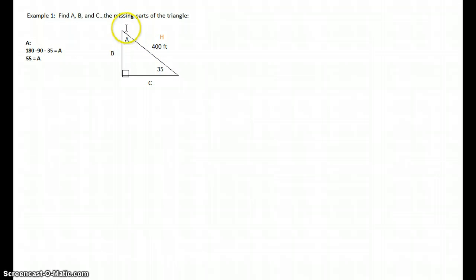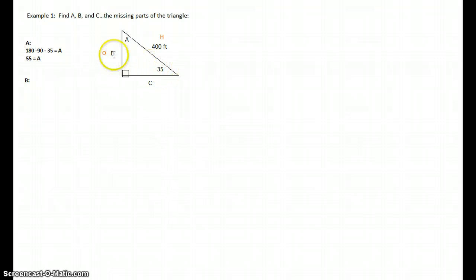So it's that simple to find A. But now that I know A, that's going to help me with some of these other things. For instance, to find side B, I can use either A or 35 to help me find B. Now, I'm going to go ahead and use 35. If you decide to use 55 instead, everything's going to work out. But let me go ahead and just use 35.